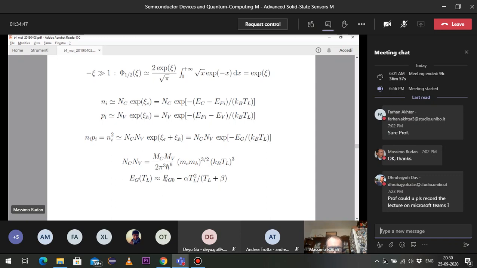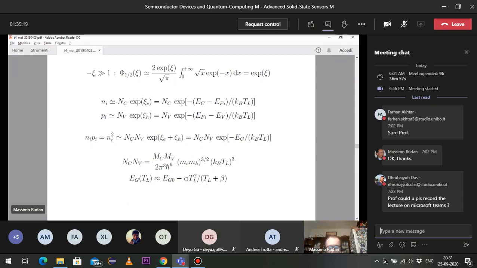We can interpolate from the experimental data the value of the gap at 0 Kelvin. Parameter beta, of course, has the units of a temperature, and parameter alpha is such that when we multiply alpha by a temperature, we have an energy. So alpha has the same units as the Boltzmann constant, okay?